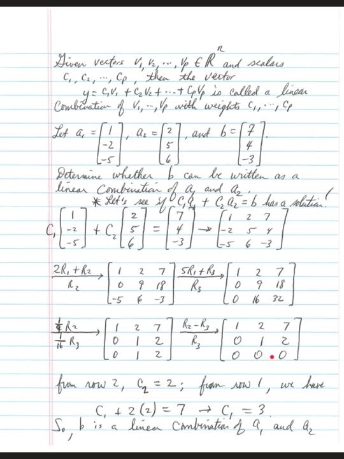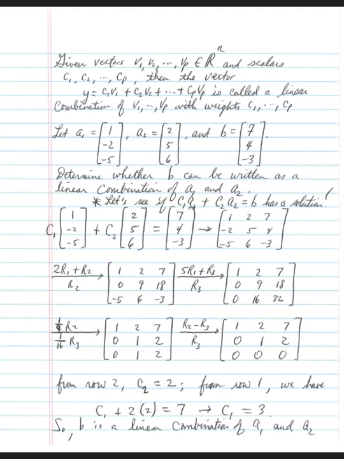Now we don't have to worry about this row because it's all zeros. So c2 equals 2. c1 plus 2c2 has to equal 7. c1 plus 4, after you've made the substitution, has to equal 7. So that tells us weight 1 has to be 3.